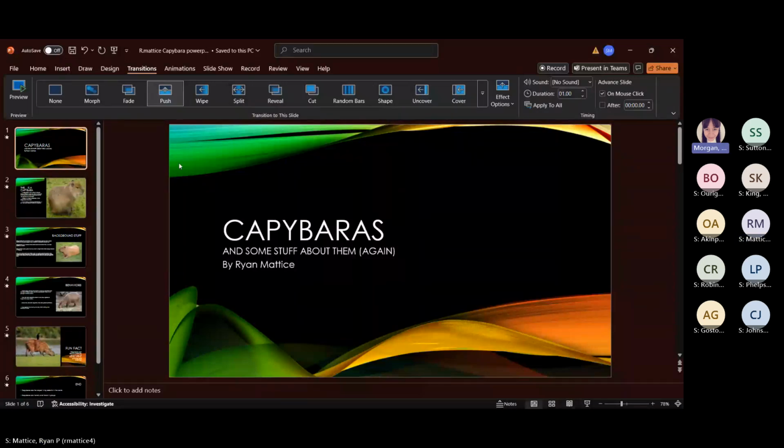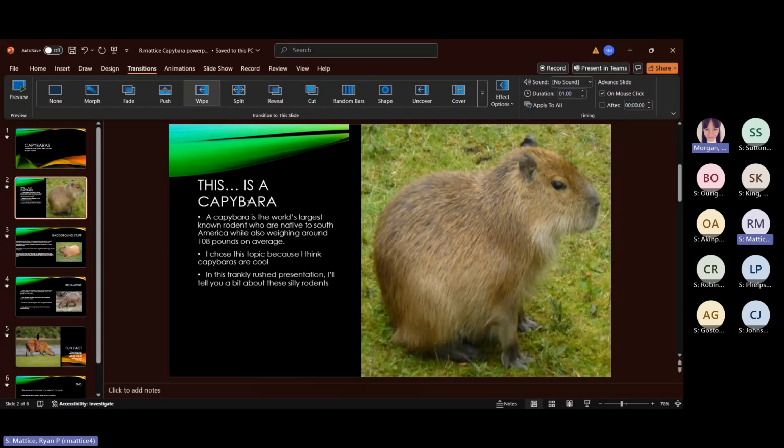Go ahead and do your presentation on the, what is that? A capybara. Yeah, this is rushed. I made this literally like 2 minutes ago. This is a capybara. They are the largest known rodents in the world, native to South America.